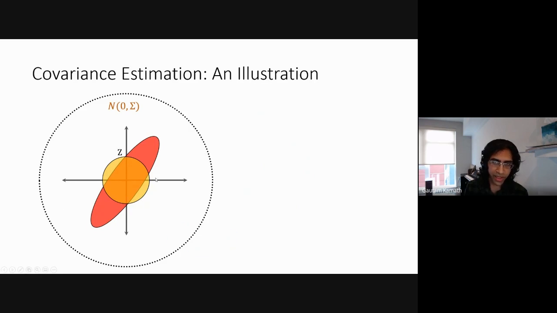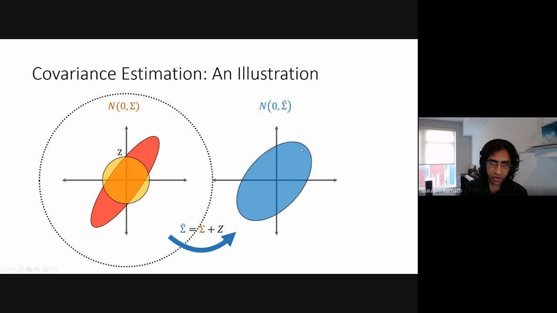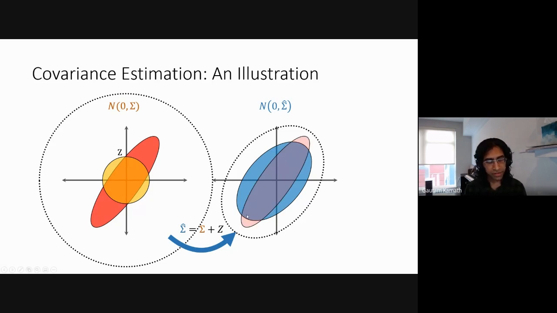What this gives you is a noisy covariance, this blue thing here, which in some directions gives good estimates, in others bad ones. Say the narrow directions are not really great, but the longer directions are pretty good. But the most important thing is it allows you to shrink this confidence ball from something here to something much narrower, a tighter bound around the true covariance. So that's just one picture of the algorithm.